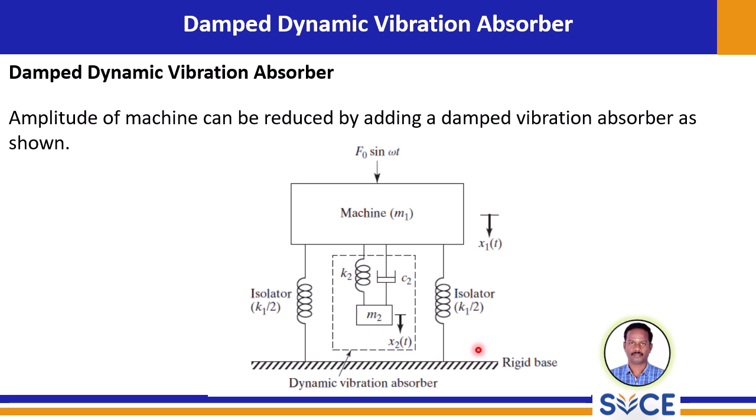Design of a damped vibration absorber involves carefully selecting the absorber mass M2 and stiffness K2 as well as the damping coefficient C2 to achieve the desired level of vibration reduction for the main system under its operating conditions.